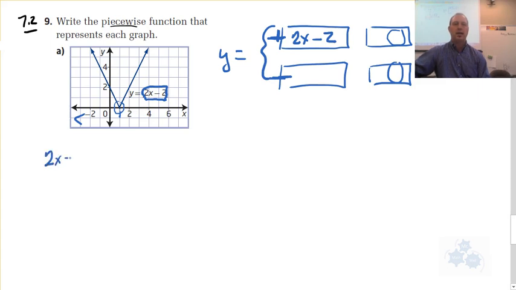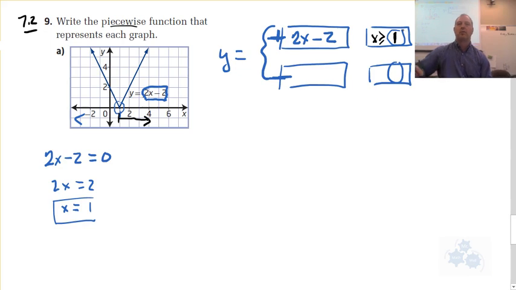Let's check. What is the x value when y is 0? Well, 2x equals 2, x equals 2 over 2, or 1. So from x equals 1 and greater, this absolute function looks like the positive version, so when x is greater than or equal to 1.